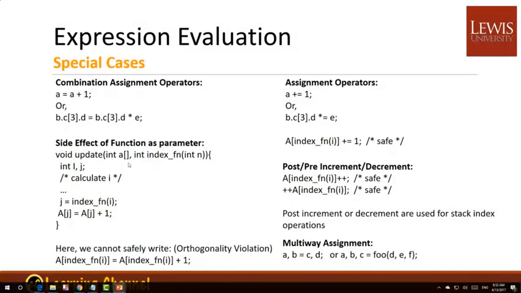But let's look at this one. We have this function, and then here we have a function as a pointer being passed here. So index fn is a function pointer. It's a function with integer n as parameter, and that pointer is being passed as a value in the C language as a function call.